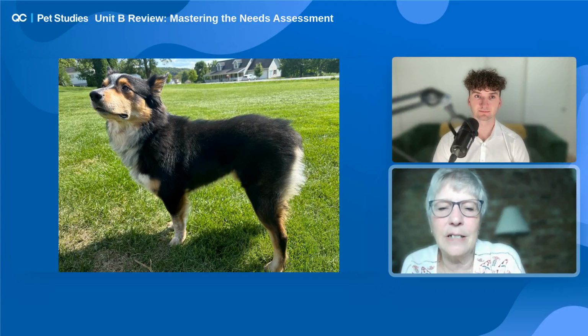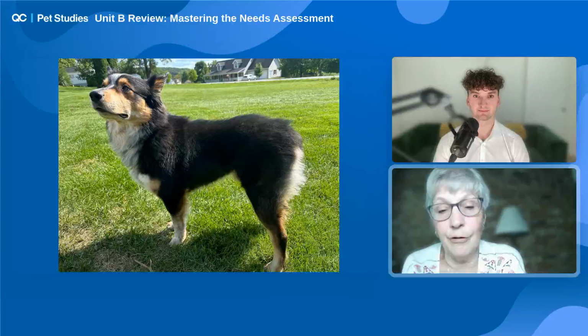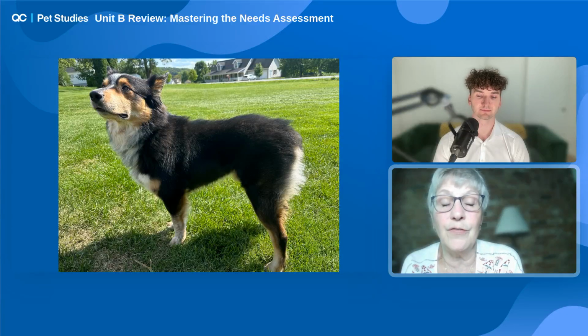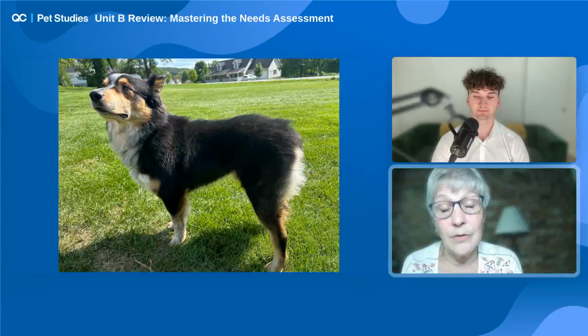So in this particular case, this is a perfect dog. I have no problem with taking this dog. And this dog could be used for a lot of the assignments. This dog could be used for removing the undercoat. If it had matting behind the ears, it could be used for that.